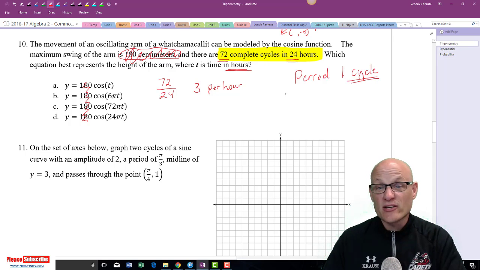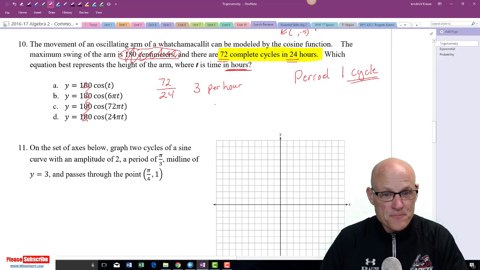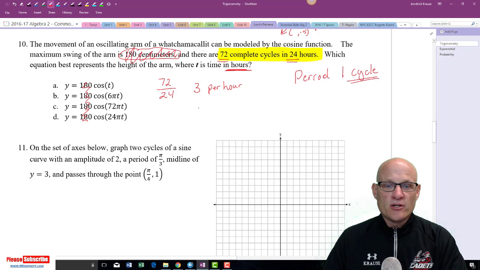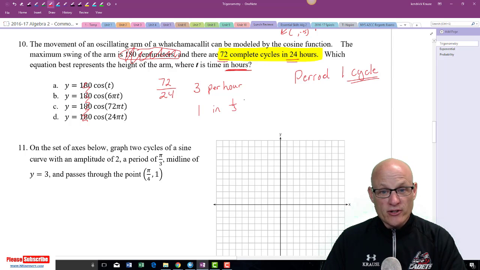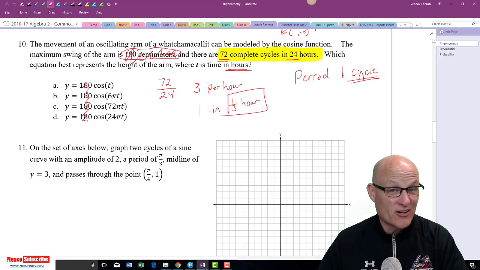How long does it take to finish 1 cycle? Well, if it finishes 3 per hour, then it finishes 1 in 1/3 of an hour. So the period is equal to 1/3 of an hour. That was the hardest part about this whole problem, figuring that out.